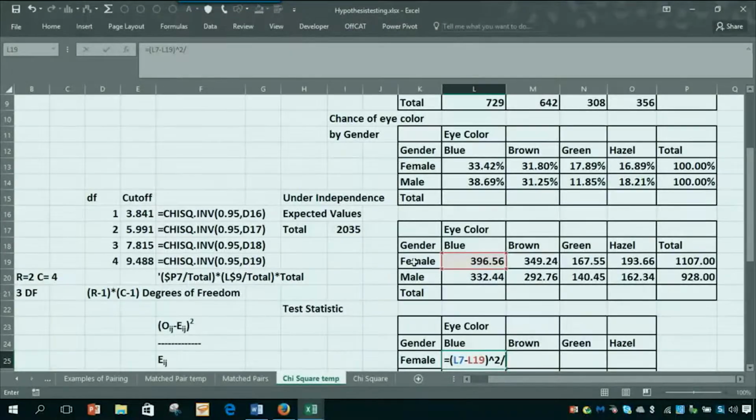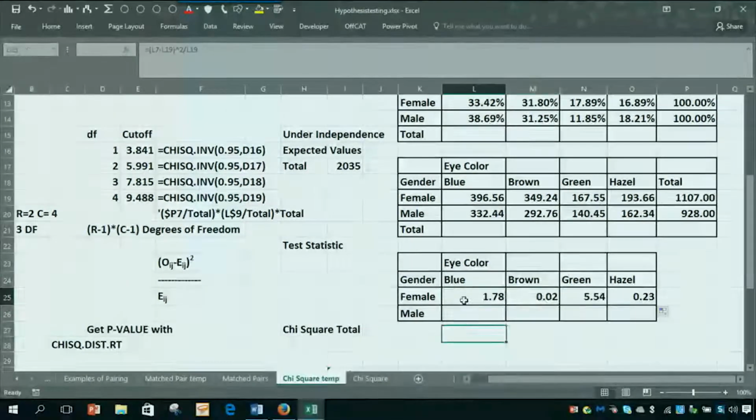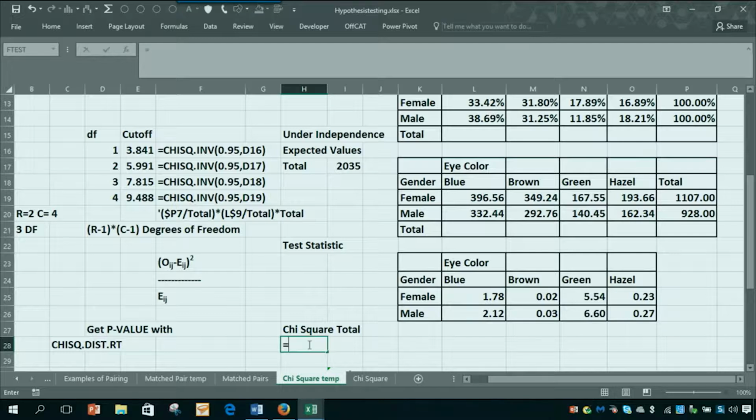Now the expected is right there, and that should copy across fine. So I get a 1.78 there, drag that across and down, and we'll get a total for the chi-square statistic, and then we'll analyze it in the next video.